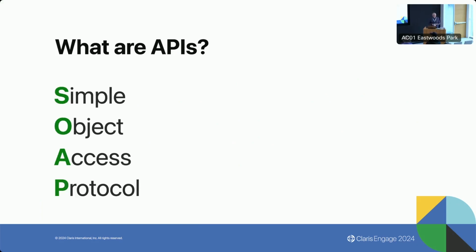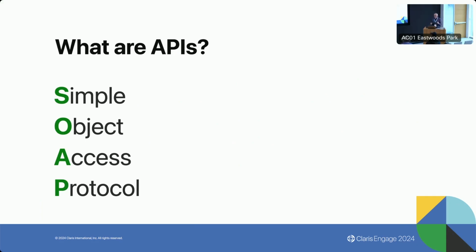In an attempt to standardize things, this idea called SOAP, Simple Object Access Protocol, came along. It's an XML-based approach, and it places a standard wrapper around the payload, and it provides something called a WSDL, a Web Services Description Language, which defines the calls that you can make in that system.